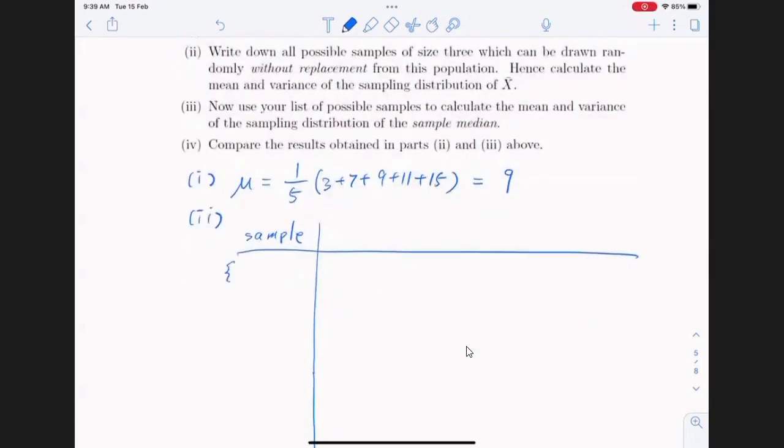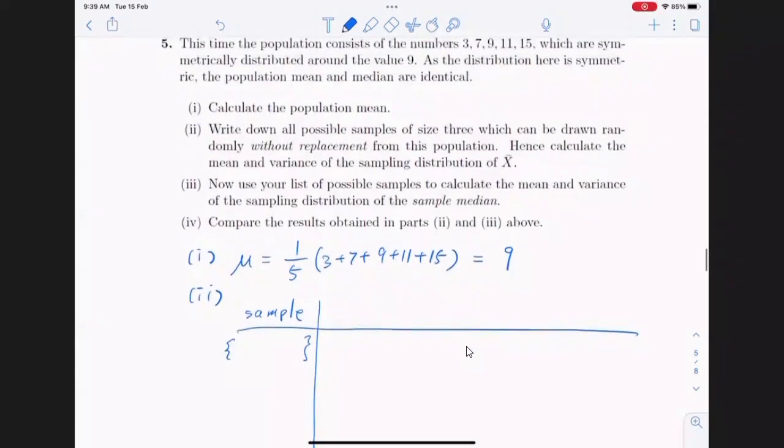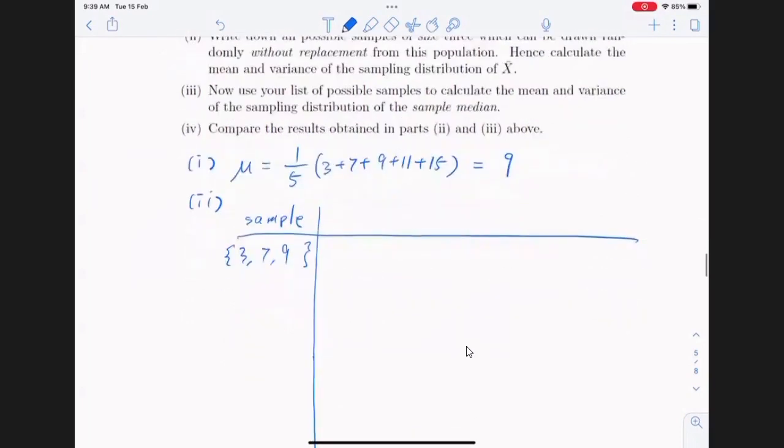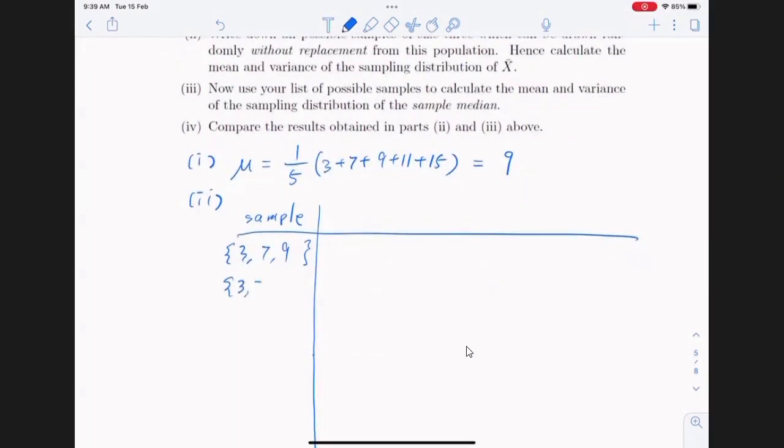So we can just list them one by one. We start with the 3 smallest numbers. This is one of the possible samples we can draw without replacement: 3, 7, and 9. The next possible sample may be we change 9 into 11. We draw this sample.